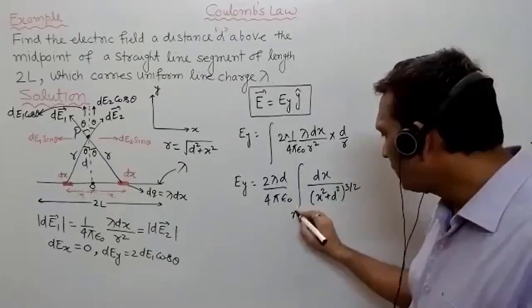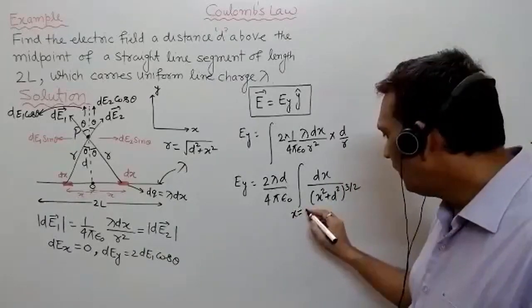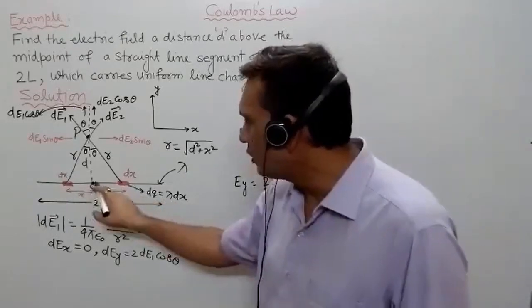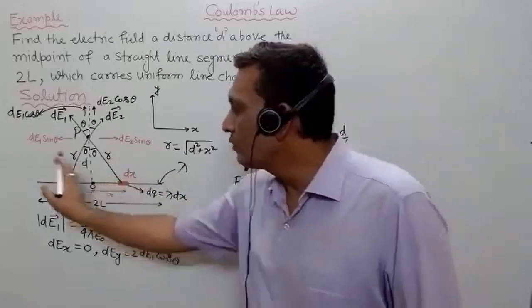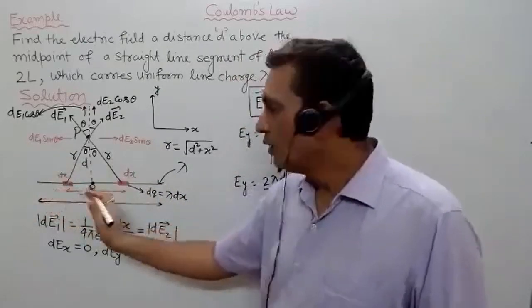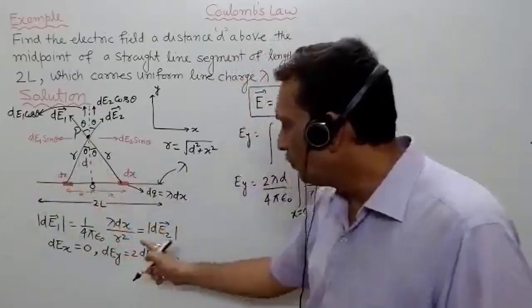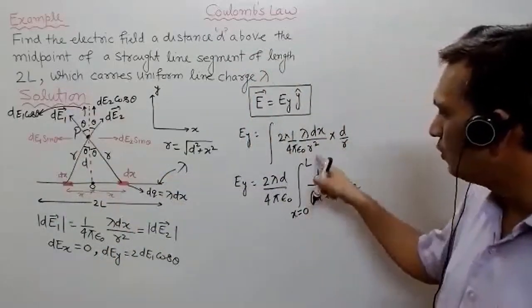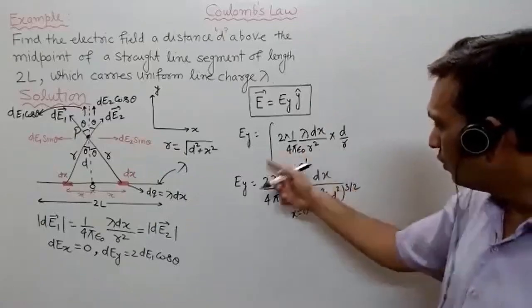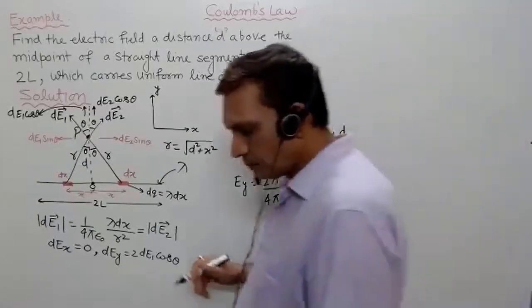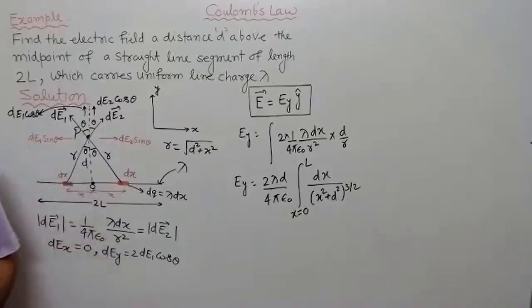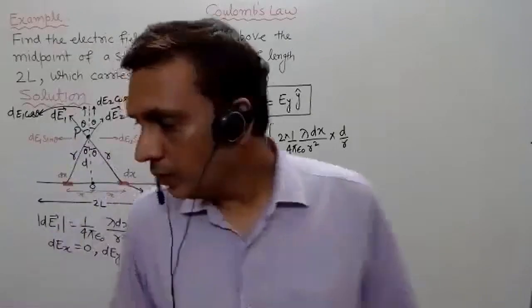And what will be the limit of x? x will be 0 to L. You can see x varies from this point, and from symmetry I have considered both sides, 0 to L, so we have considered both sides, dE1 and dE2. So the limit varies from x 0 to L. Why twice dE1?